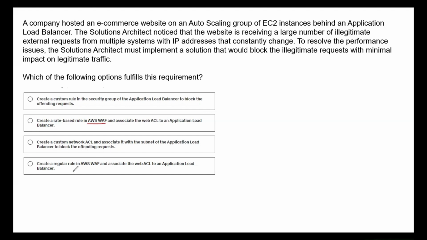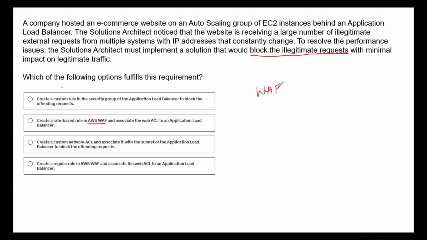Then create a regular rule in the WAF and associate the web ACL to an application load balancer. Okay, so here the keyword is that we need to block the illegitimate requests. And this being an e-commerce website running behind an application load balancer, the answer should definitely involve the WAF service. WAF is a web application firewall.